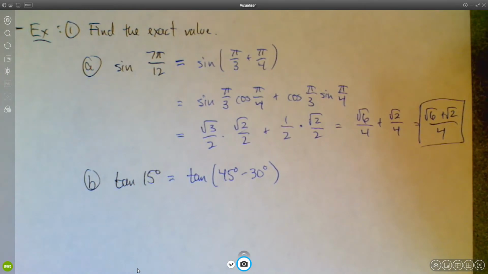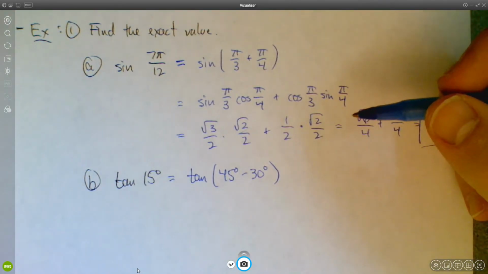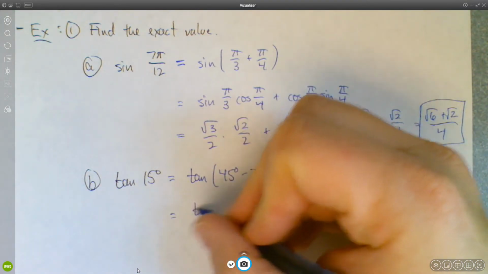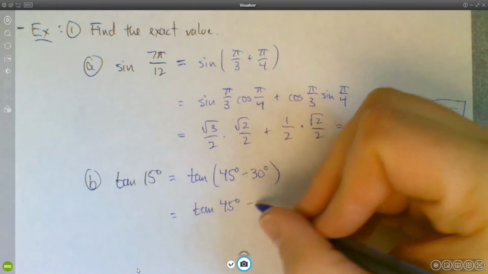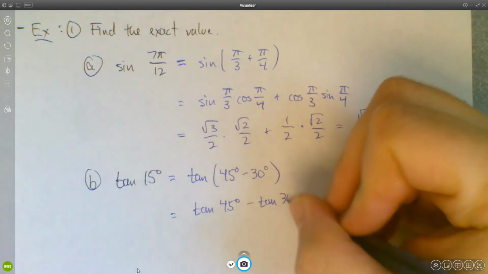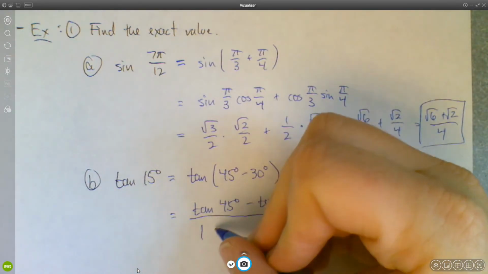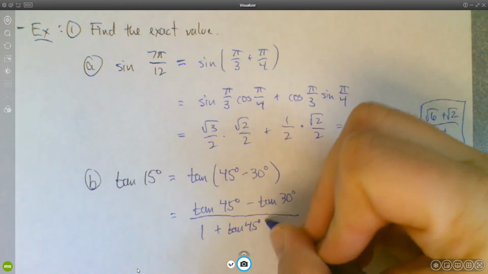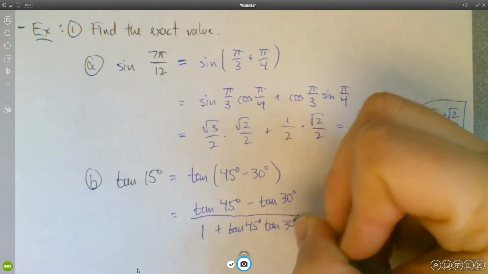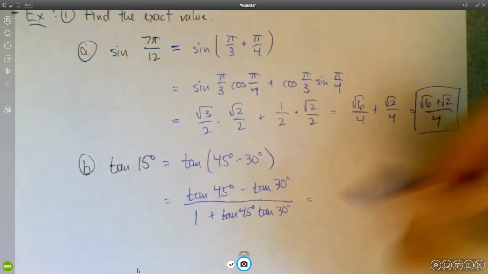Okay, and so now I'm going to apply my formula. Tangent 45 minus 30, that's going to be tangent of A minus tangent of B divided by 1 plus tangent of A times tangent of B. Okay, and let's see what we get.